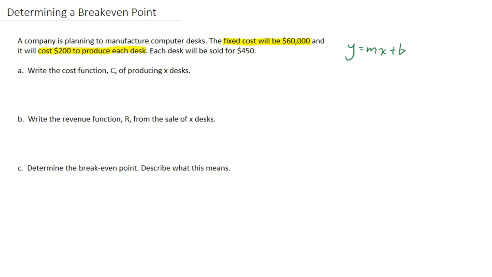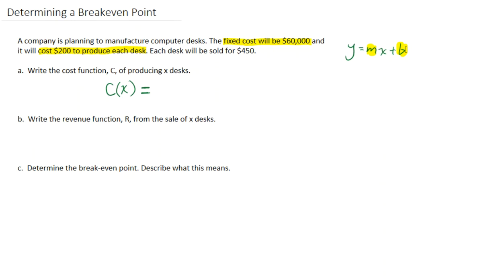So this is going to be a linear function, and since it's a function and they're telling us what letter to use, we're going to use c of x instead of y.